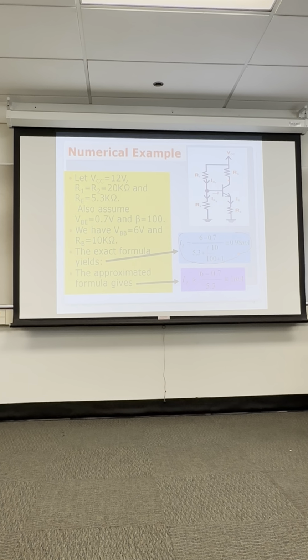But we have I sub E, and we have V sub E. What's the voltage on the emitter here? It's a 5.3 k resistor, so what's the voltage on the emitter?